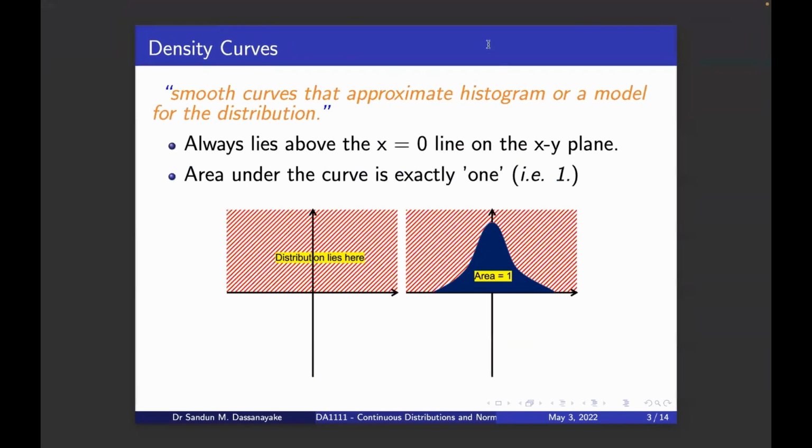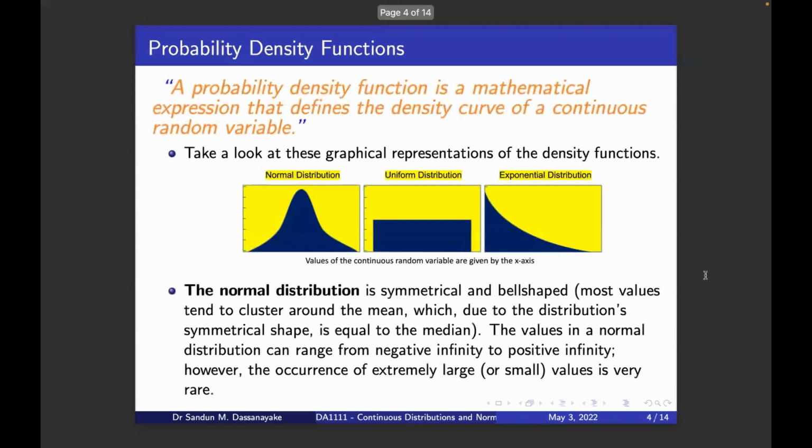So that is about density curves, how we interpret continuous variables, and how we come from the discrete domain to the continuous domain. This is the idea of the entire picture. Now let's go into particular continuous distributions. The first one here is the normal distribution, and then you have the uniform distribution and the exponential distribution.